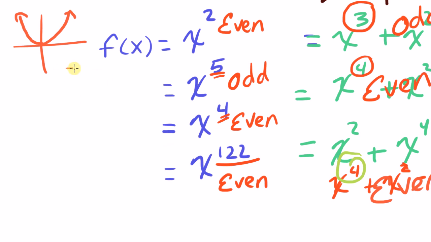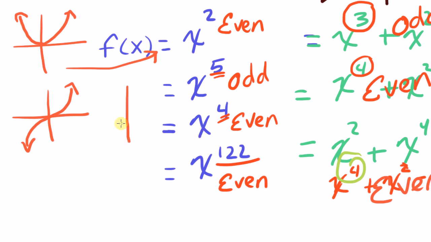And this guy goes with this guy. X to the 5th, it's an odd function. Something like that. X to the 4th. Something like that. Close enough. Let me put, this is x to the fifth, x to the fourth. This was x squared.